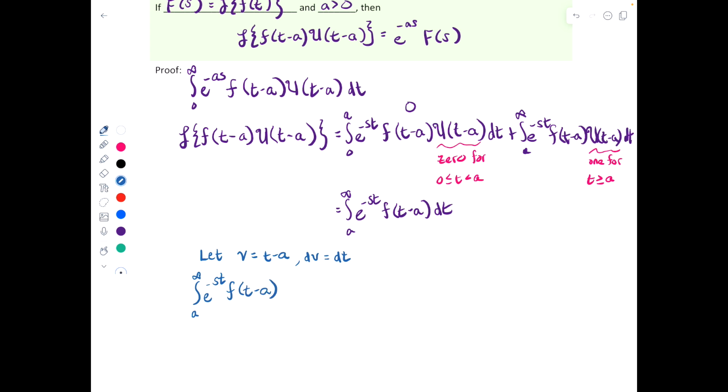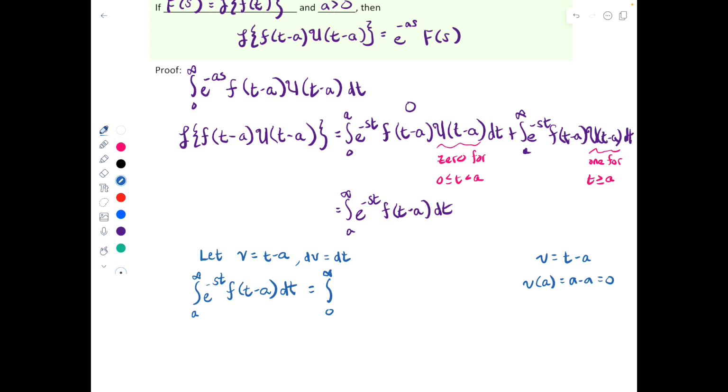that will equal the integral from, well, if v is t minus a, let's do a little side work. V is t minus a, right? V at a would be a minus a, which is 0. So that would be my lower limit of integration. I'd still have infinity as my upper limit, so of course this is an improper integral, all right?